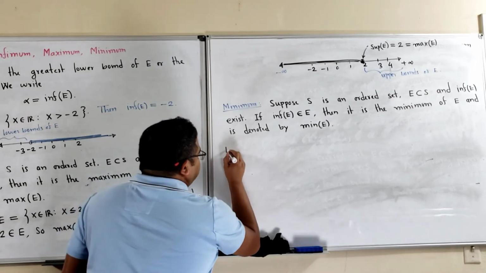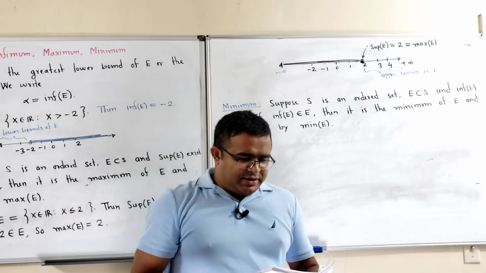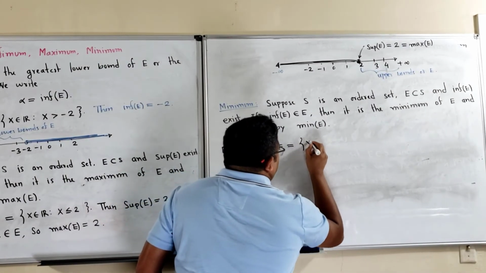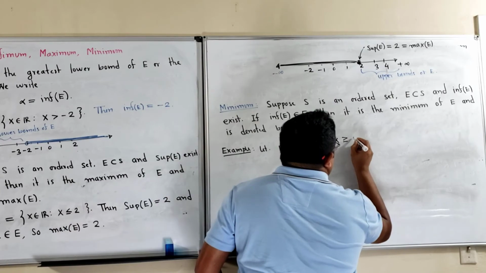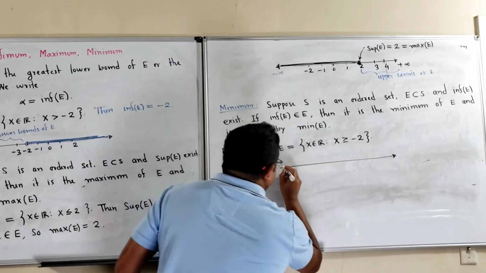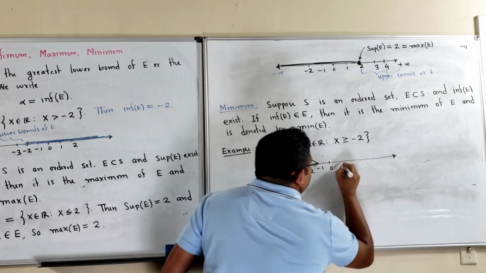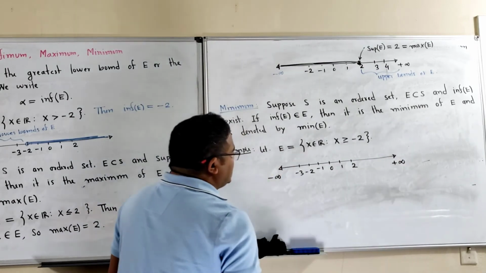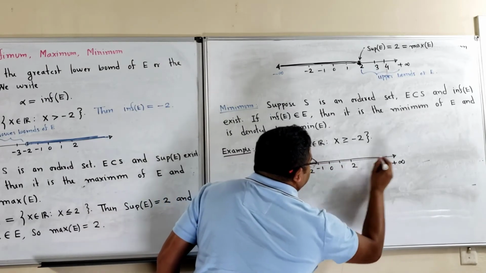For example, let E be x belongs to R such that x is more than or equal to -2. On the number line, with -2, -3, 1, 2, negative infinity and positive infinity, this set goes in this direction.